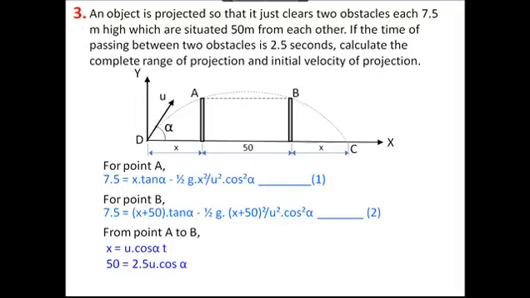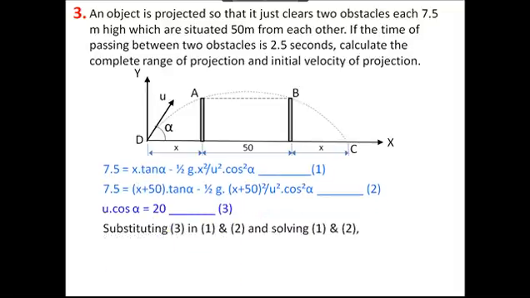Therefore, I can write 50 is equal to u cos alpha into 2.5 seconds, where 2.5 is the time. And this gives me the third equation, u cos alpha is 20. Now I can substitute this u cos alpha in 1 and 2. See, there is u square cos square alpha, so it will be very convenient to substitute it there. If you substitute 3 in 1 and 2, then 1 and 2 are possible to solve.